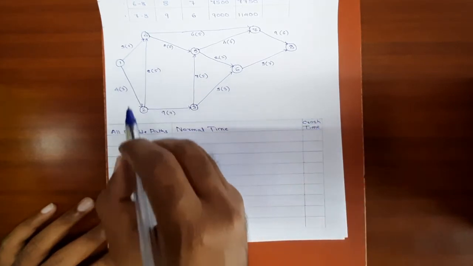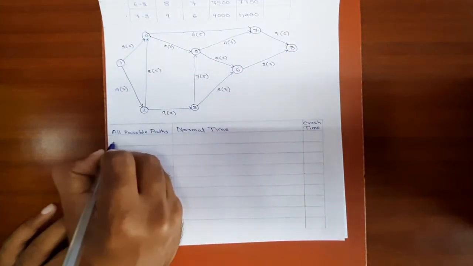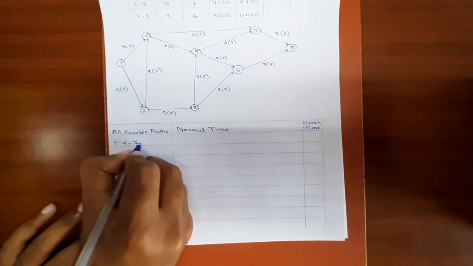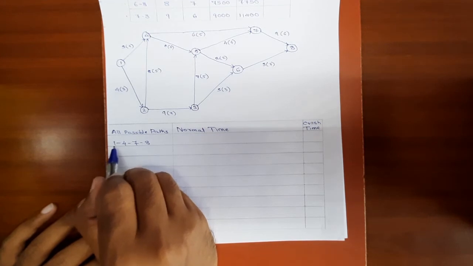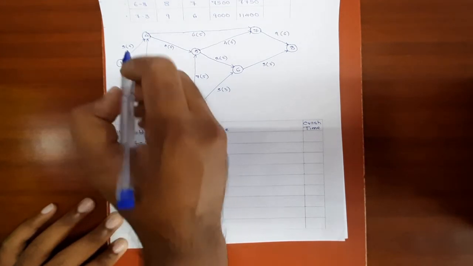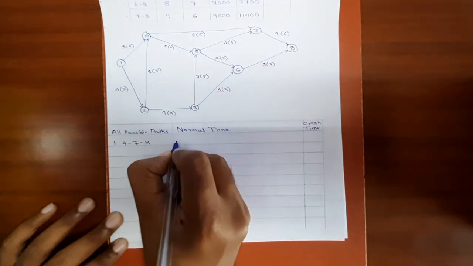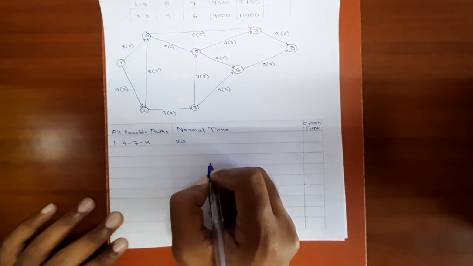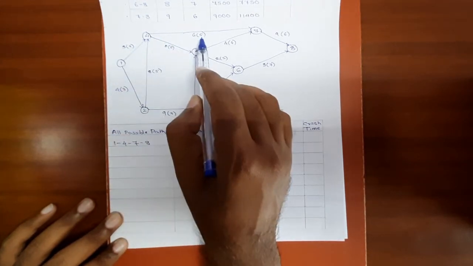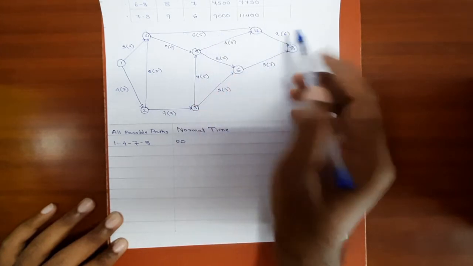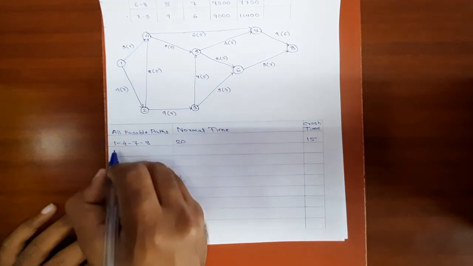The first possible path from start to finish is 1-4-7-8. Now we'll add the normal durations of 1-4, 4-7, 7-8, which is 5 plus 6 is 11, 11 plus 9 is 20. Similarly, the crash duration, written in the bracket, 4 plus 5 is 9, 9 plus 6 is 15. Okay, first path is done.